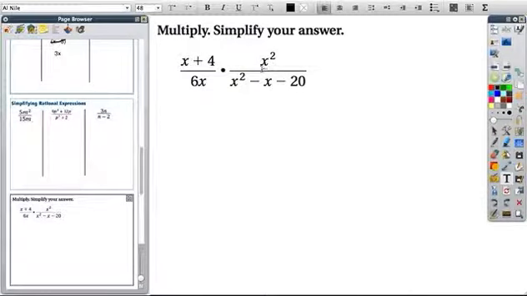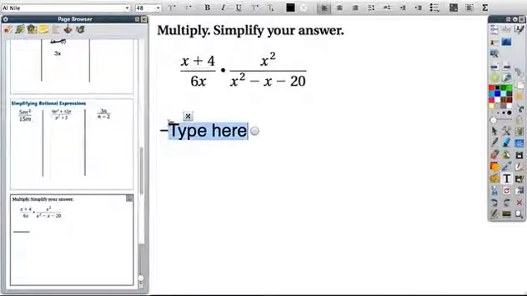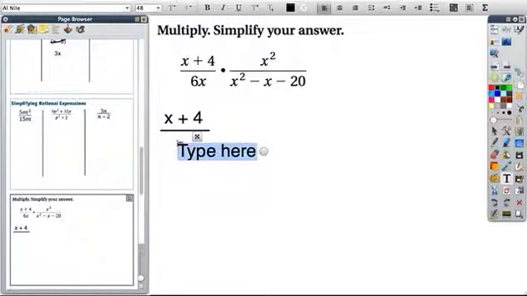Now here again we're going to simplify, and this is the one where you use the box method. So here you're going to have x plus 4, and in the bottom you have 6x.